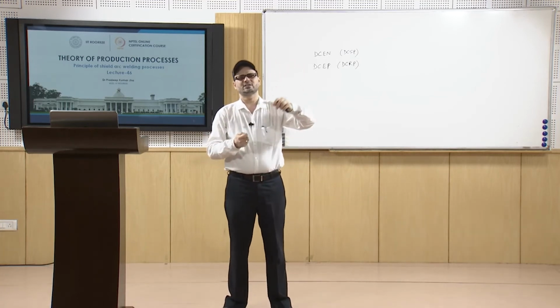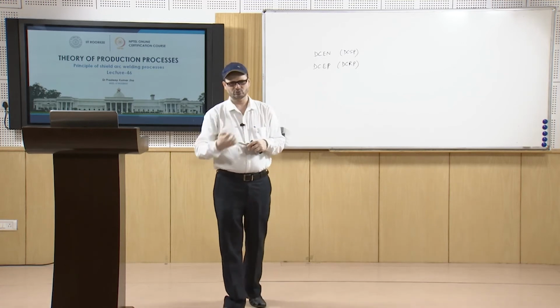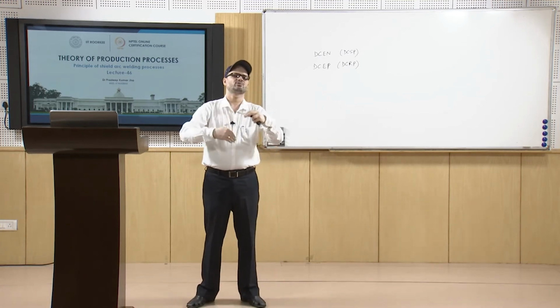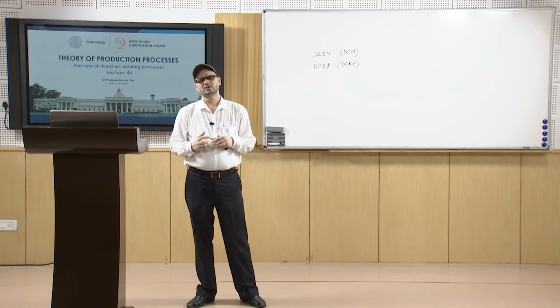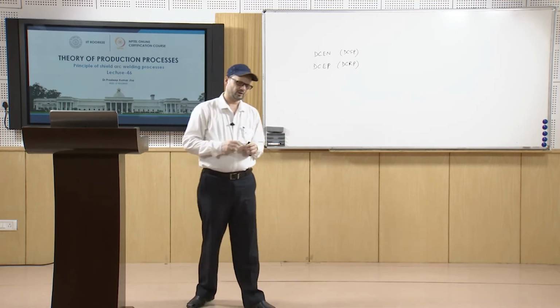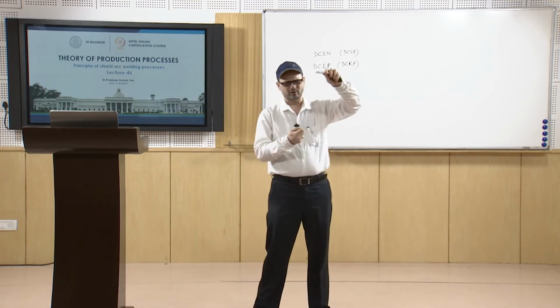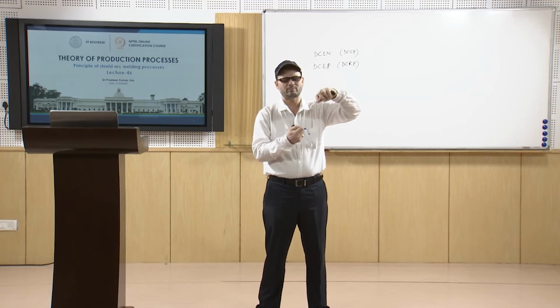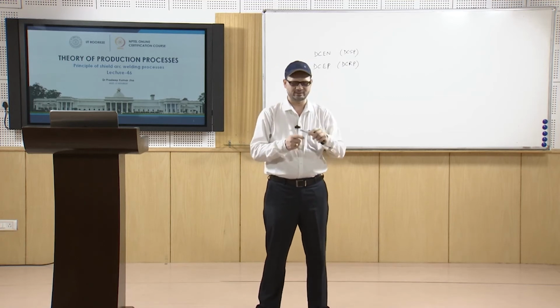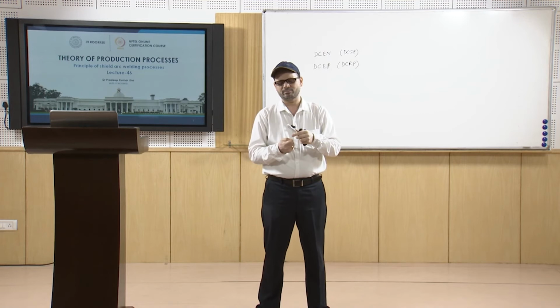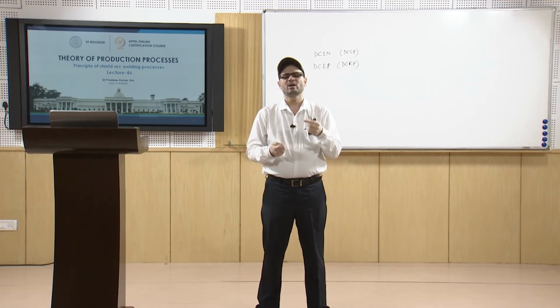In that case the current is allowed to pass, and electrons flow from the cathode to the anode. First of all it is touched, so there will be a flow of electrons, but then you create a gap, and they try to jump.